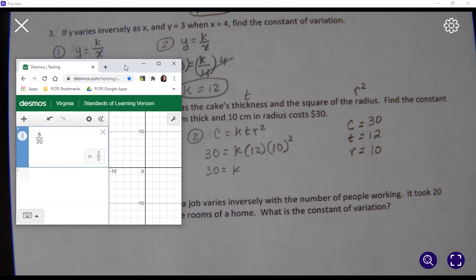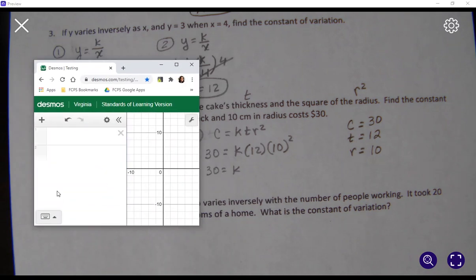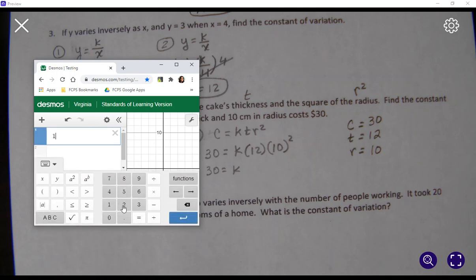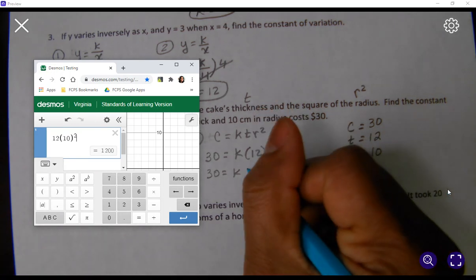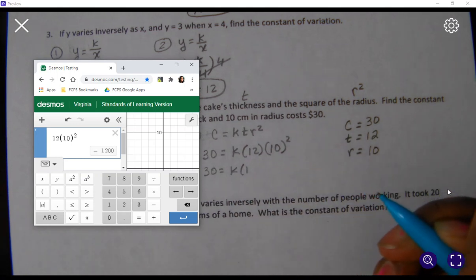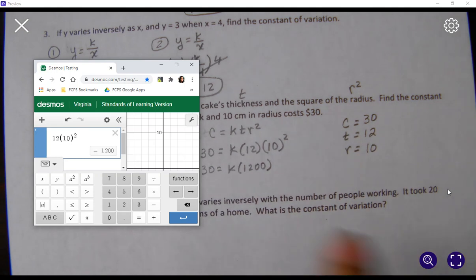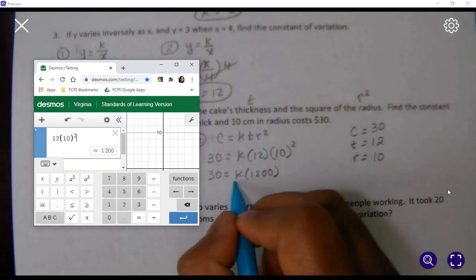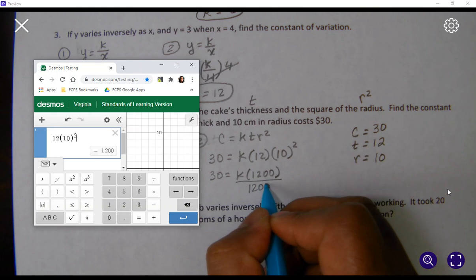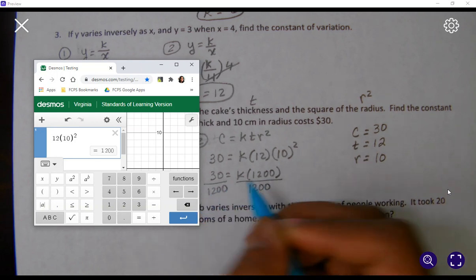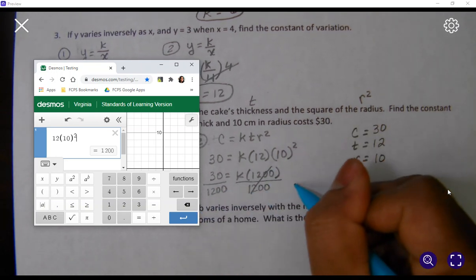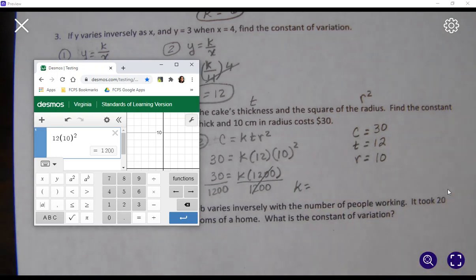Okay. So you have here 12 times 10, which is being squared. So that is 1200. And then to get k by itself, you need to divide both sides by 1200. That crosses out, so you have k equals 30 divided by 1200.